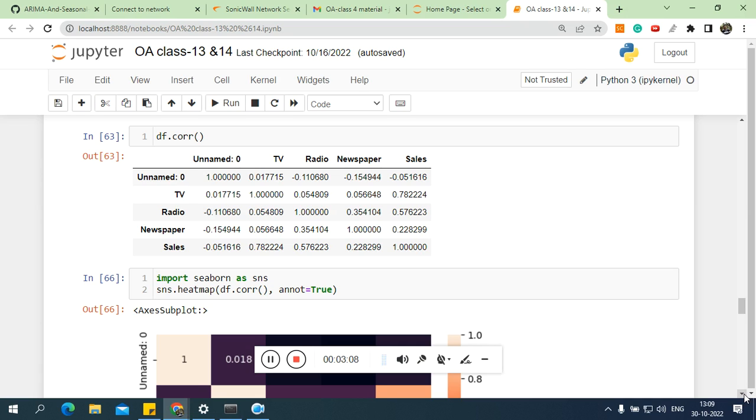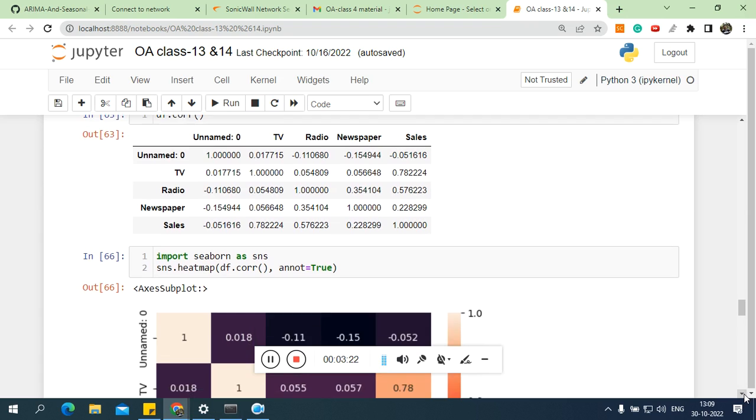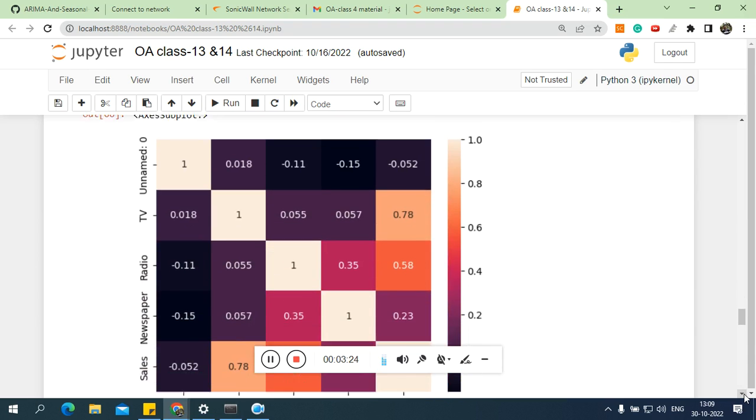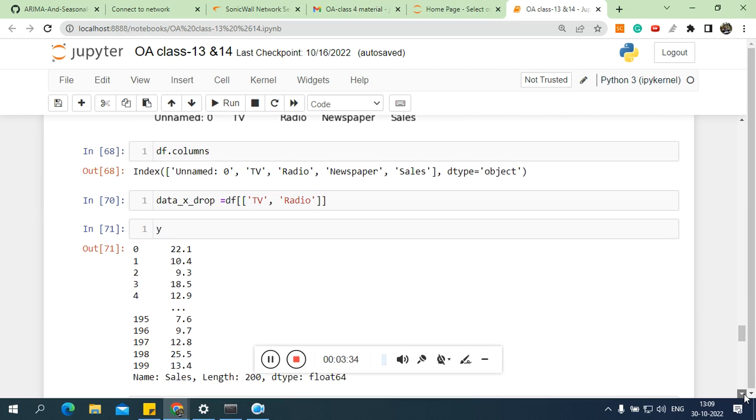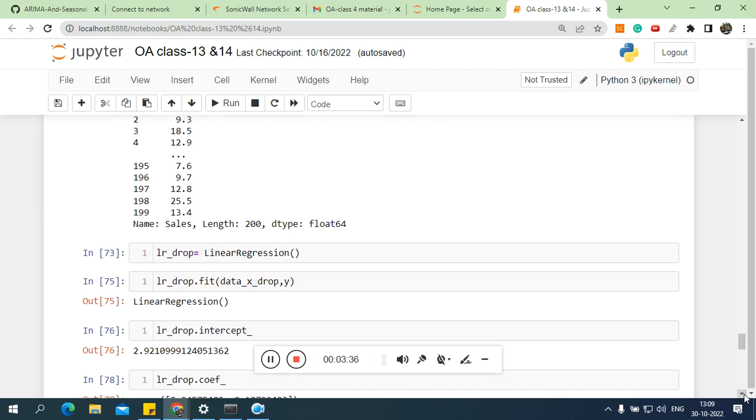So you can say TV and radio are more correlated with sales compared to newspaper. Newspaper does not significantly affect sales. That is the conclusion. After that we also made the correlation plot, and tried to see which feature is most important and which features do not significantly impact your output like sales. So that we did.